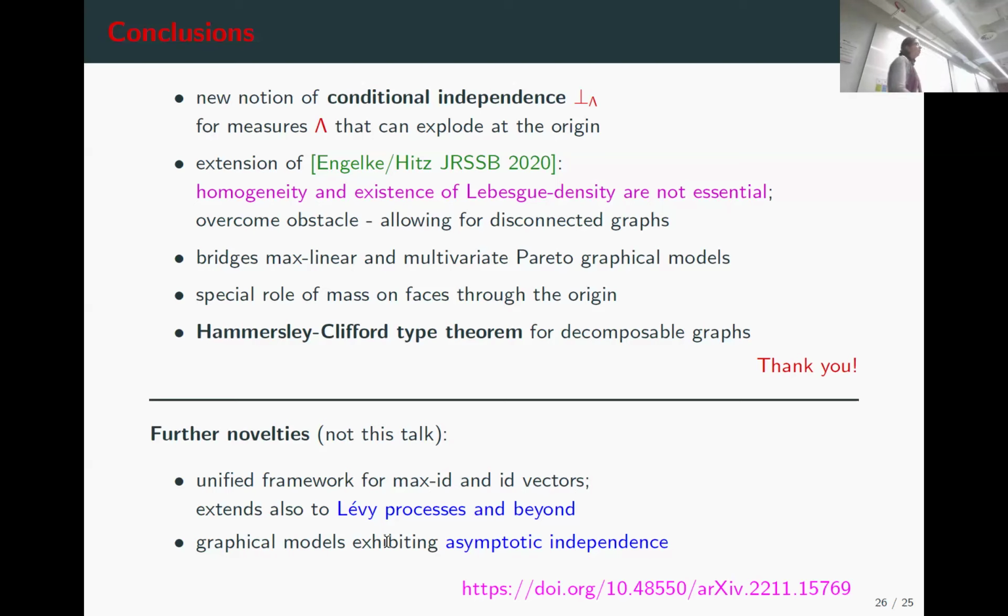You can ditch homogeneity and have this also in situations, that's just for the experts, where the chi measure is essentially 0, but you have the eta coefficient taking over. So even in these situations, you can now construct such graphical models. We have one example in the article preprint, but it would take further time to explain it.